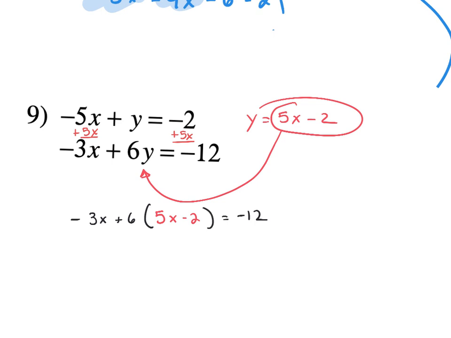And now we're off to the races again. Distribute, collect your like terms, and just solve for x. And that's it. Hopefully we have good luck with this. We'll talk about it tomorrow in class. But if you don't make it, this gives you good insight on how to solve by substitution.